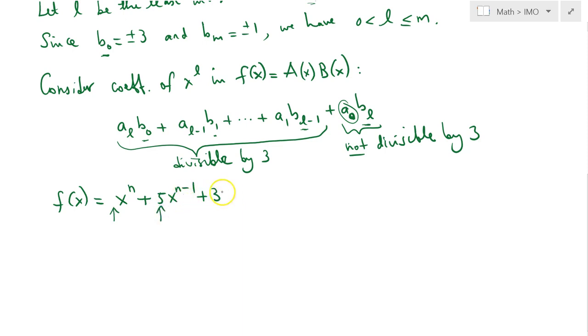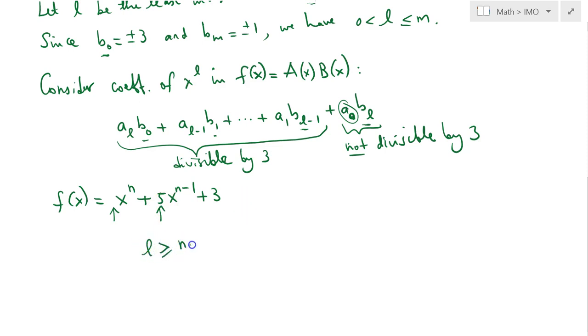Because all the other coefficients are divisible by 3, L cannot be n up to n minus 2, right? So L is definitely going to be greater than or equal to n minus 1 as a result. Does that make sense?